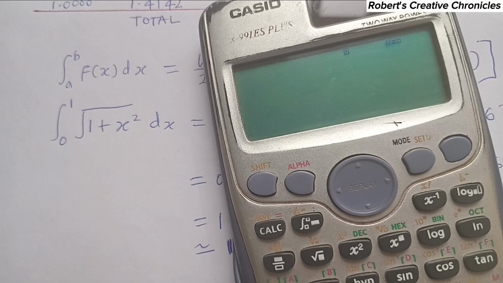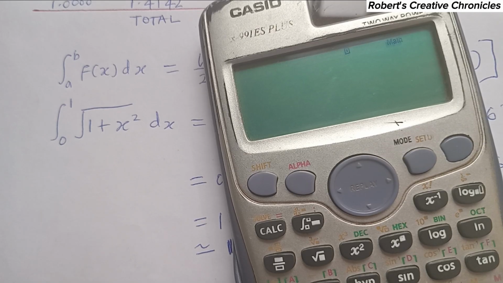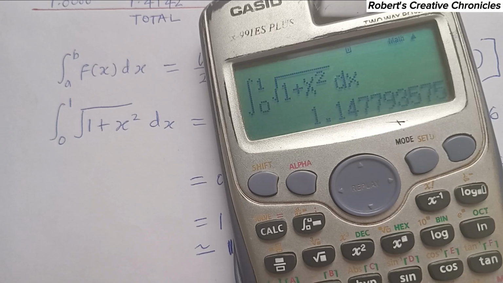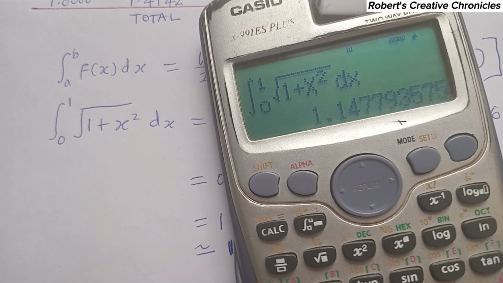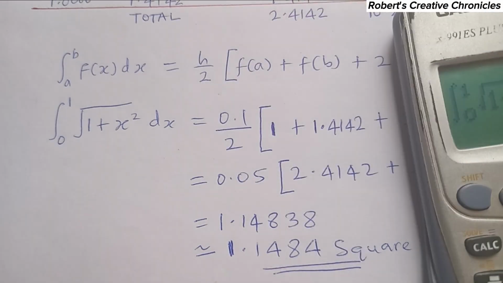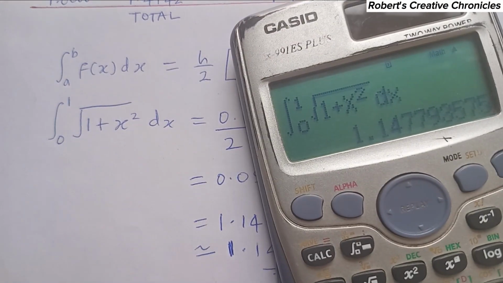Since it's a definite integral, it takes time for the calculator to give the answer. So the answer is 1.1477.